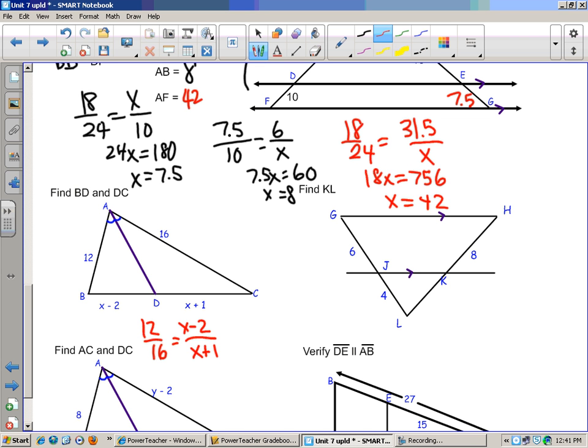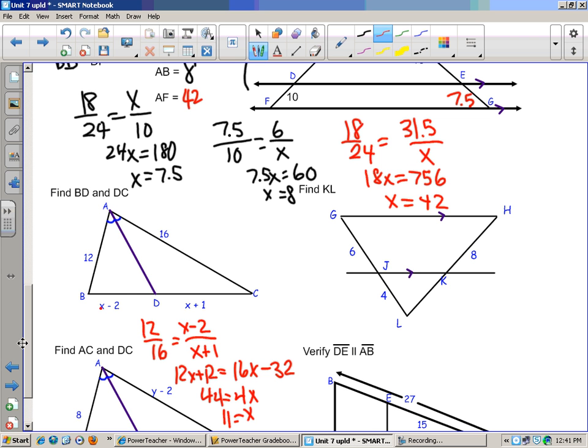All right. So that gives me 12x plus 12 equals 16x minus 32. Subtract 12x, add 32, so that gives me 4x equals 44. So x is 11.